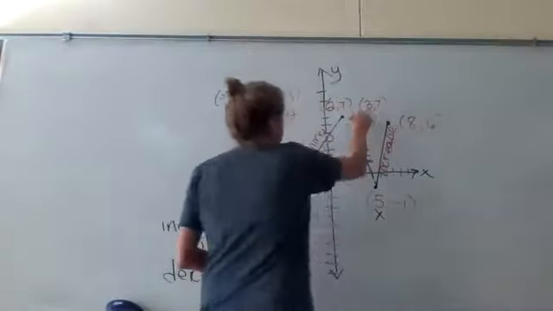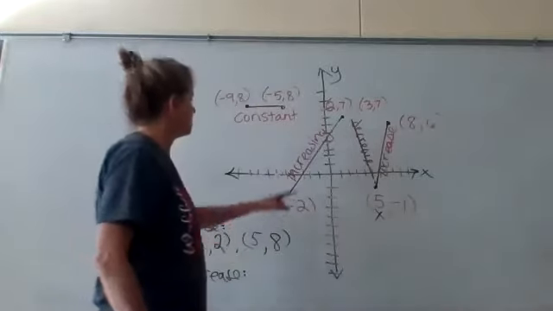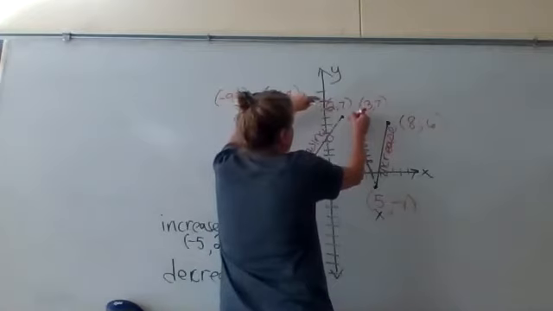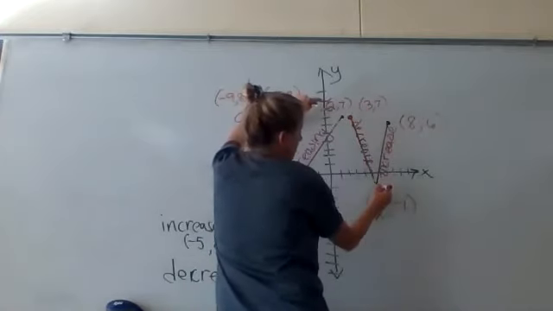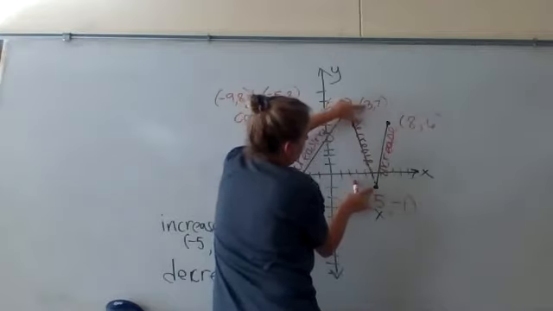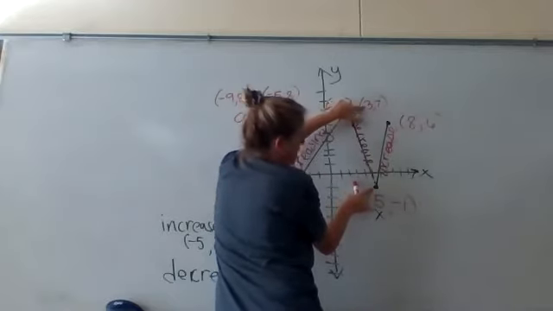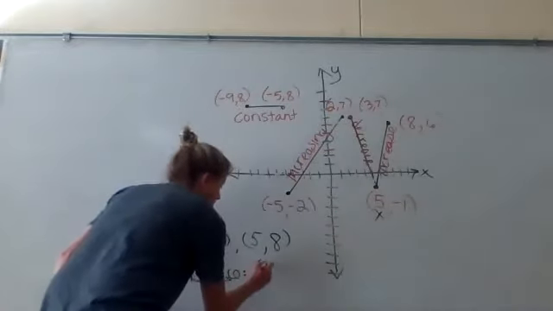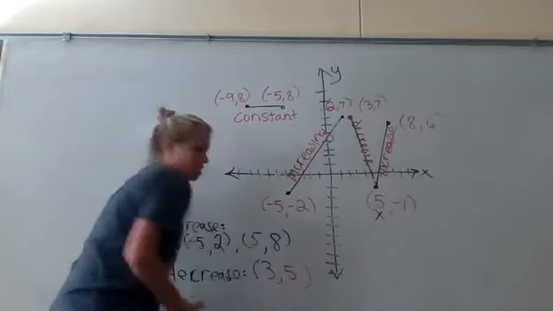Oh yeah, I did it right. So this one's at 3, 7. So let's see, where is it decreasing? It starts decreasing here until it gets to this point. So this is the interval where it's going down or decreasing, which is at 3 is its x coordinate, all the way until it gets to this point, which is at 5. So it decreases from 3 to 5.